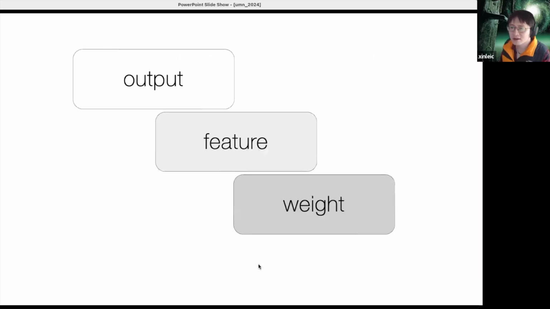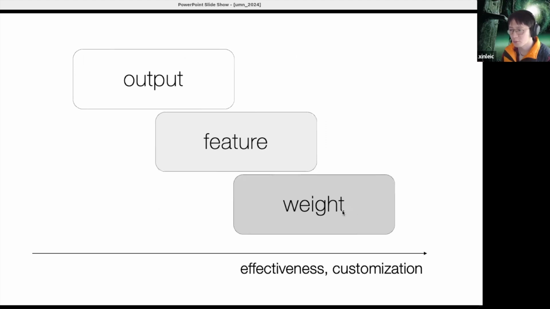And I think there are two dimensions that can help us group or list these three ways of using pre-trained models. The one dimension is about effectiveness or customization, because if we have the weights, then we can do anything with it.